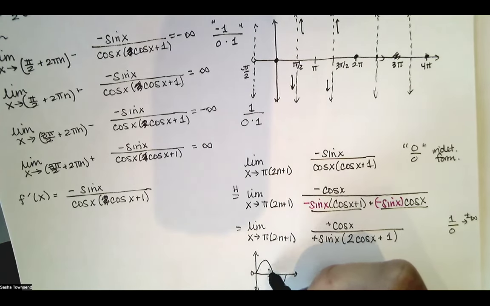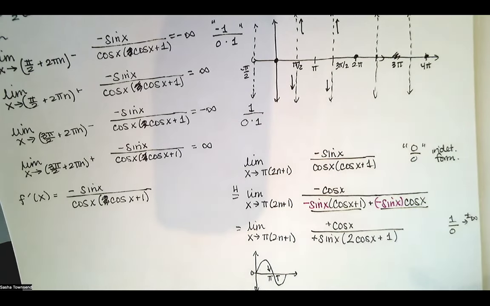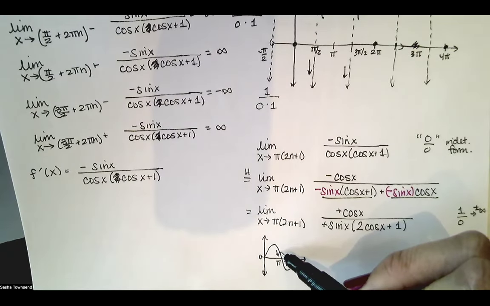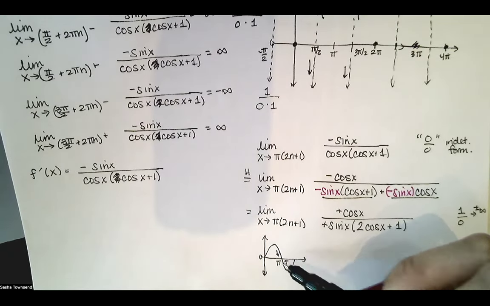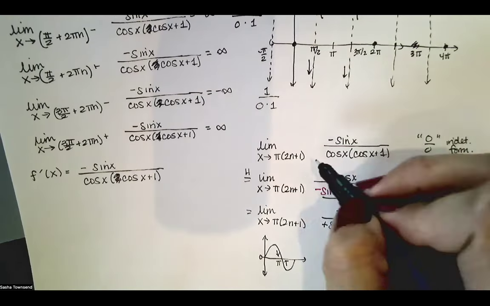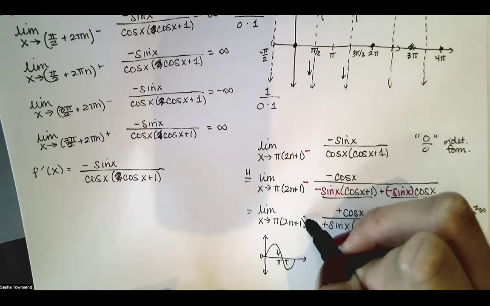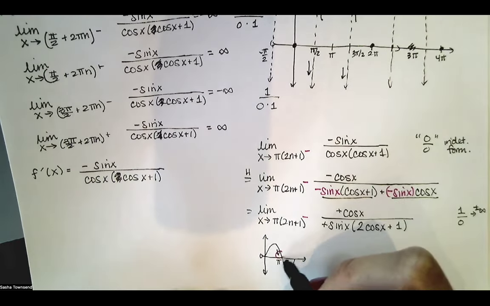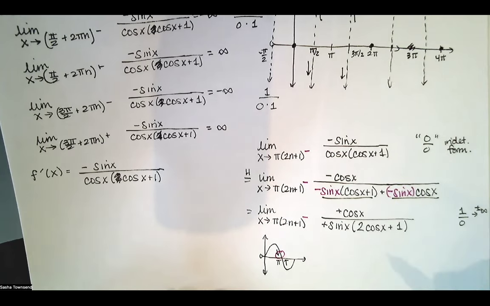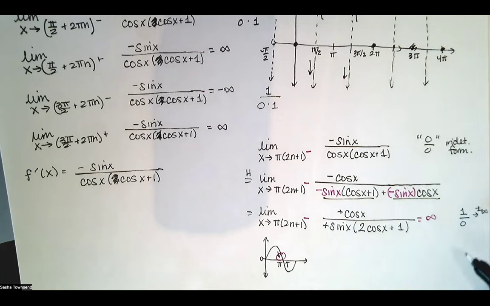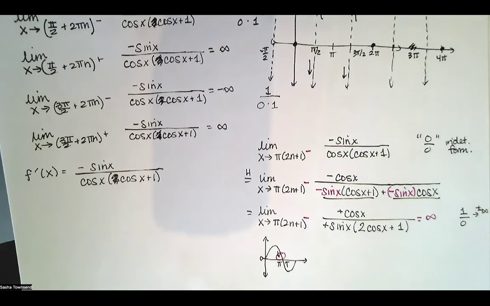We're approaching pi from the left and from the right, and we're going to have different behavior. The sine function is positive to the left of pi and negative to the right of pi. So when we evaluate that limit as x approaches pi from the left, we're dividing by a tiny positive number. So this is going to be a large positive number when we divide. 1 divided by a tiny positive number is a large positive number.